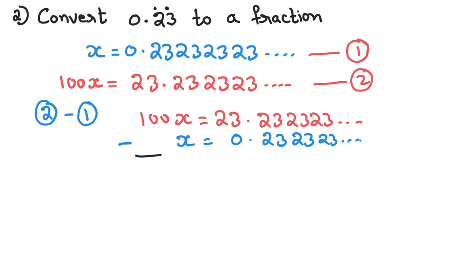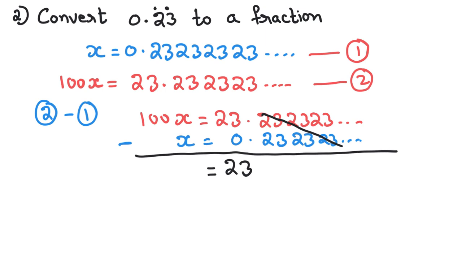Now we need to subtract them. When we subtract them, these 2, 3, 2, 3, they get cancelled because they land up with 0. 23 minus 0 is 23. 100x minus x is 99x.